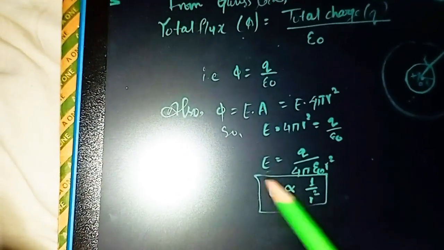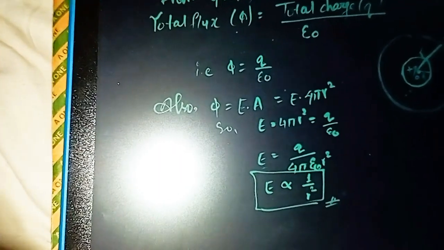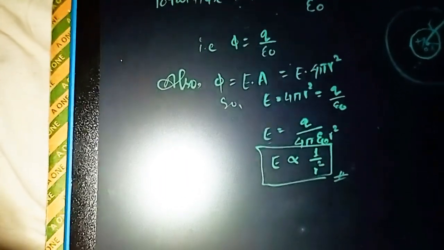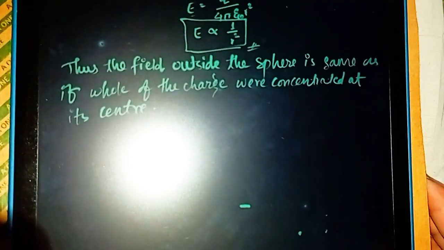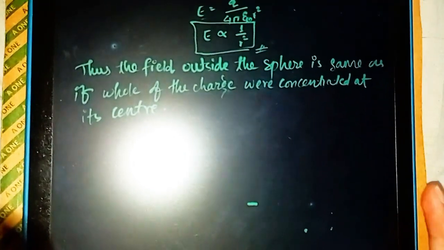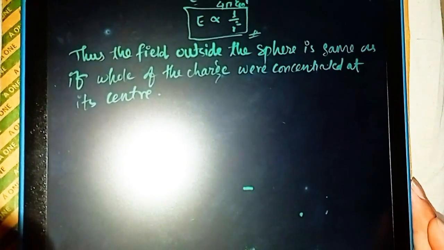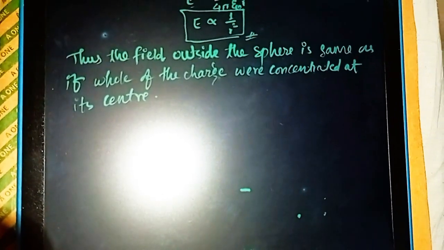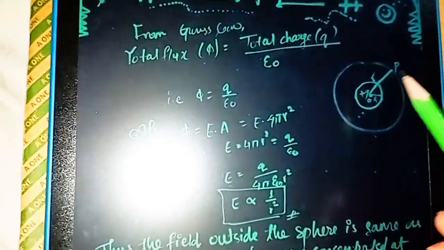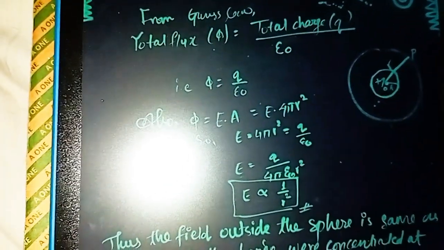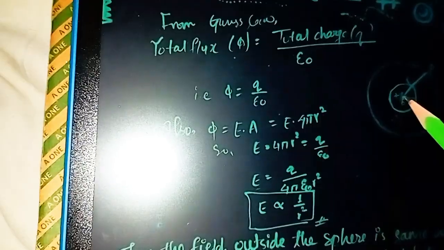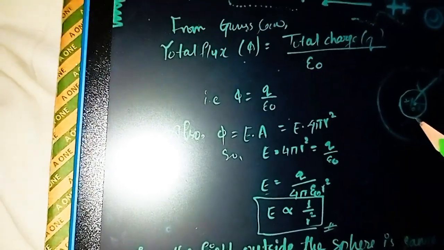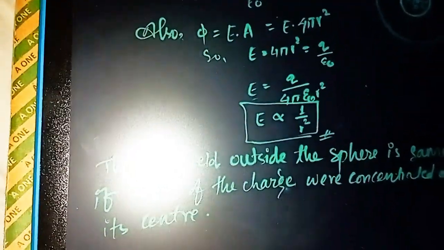And this is what we need. Thus the field outside the sphere is the same as if all the charge were concentrated at its center. This means that for this charge, if this is the source of charge, the field is the same as here, here, and here. This is an application of Gauss law.